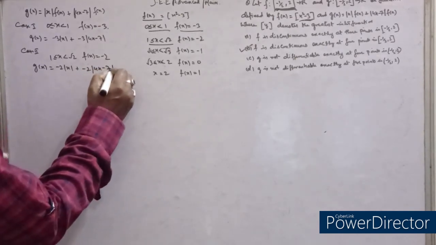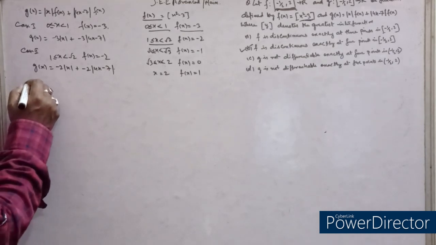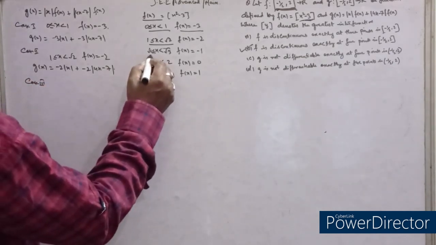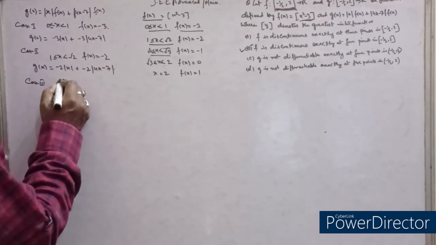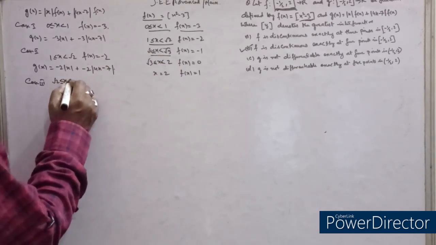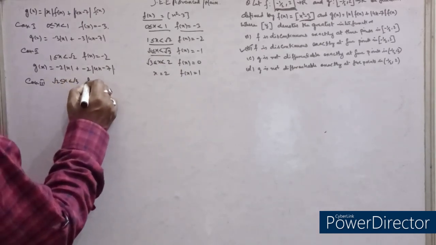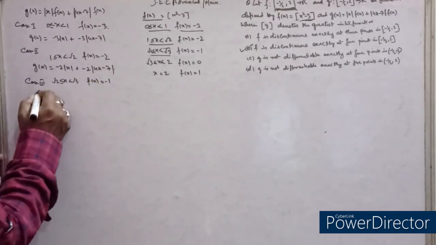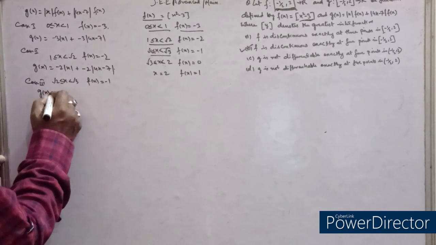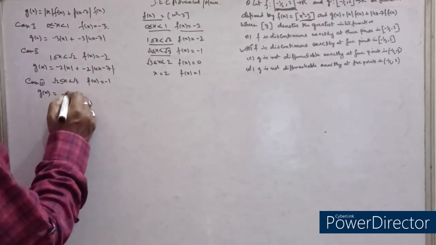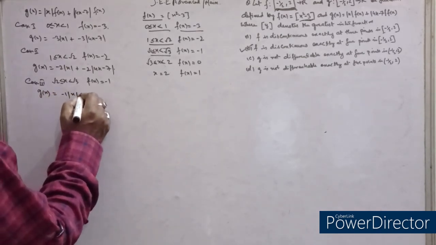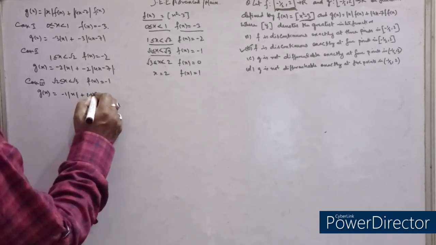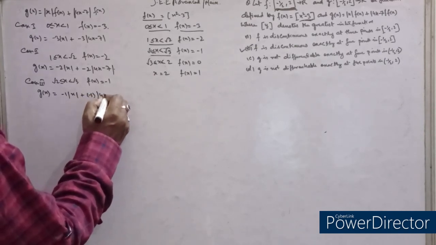And for case 3, this is your interval: x greater than or equal to root 2 and less than root 3, your f(x) is equal to minus 1. So here your g(x) will be minus 1 modulus x plus minus 1 modulus of 4x minus 7.